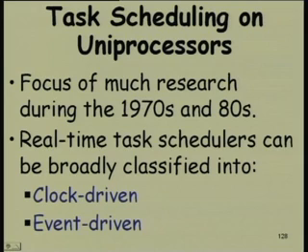This is the simplest one, and if you look at the research results, most of the research occurred here during the 1960s, 70s and 80s, and after that the intensity of research for uniprocessor scheduling has really reduced, excepting for finding uniprocessor schedulers for special types of task situations.